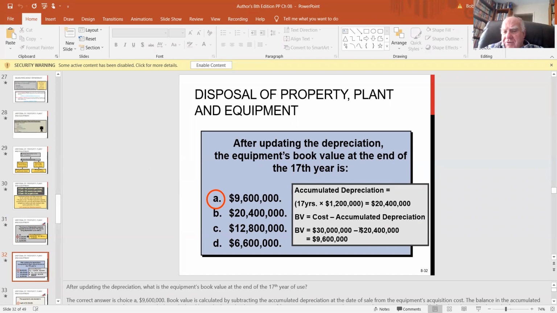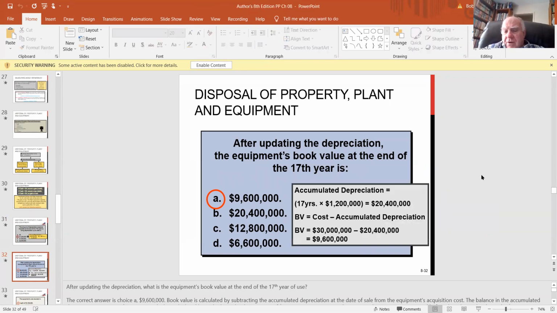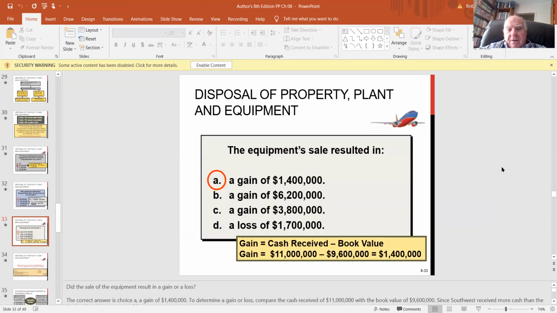On your financial statements, on your balance sheet, you will see this line right here, $20,400,000, representing the balance of accumulated depreciation. The original cost of the asset is 30 million. That will also be on your balance sheet. The difference is the net book value. Keep in mind, we have to get rid of both the original cost of the asset as well as the accumulated depreciation.